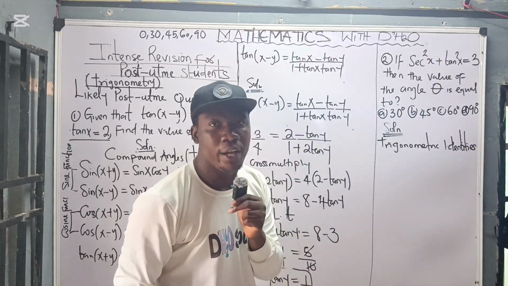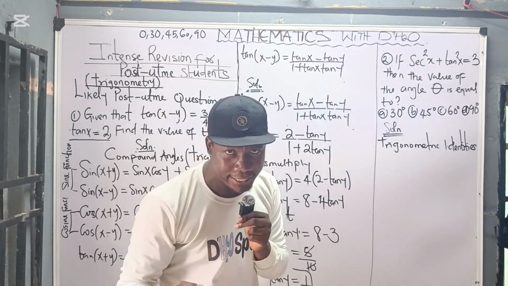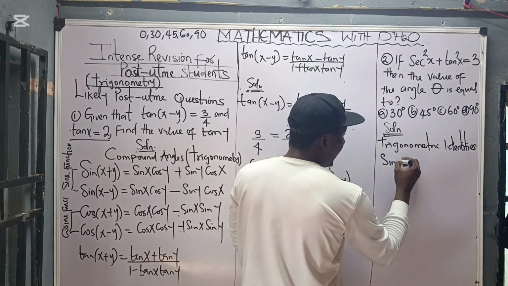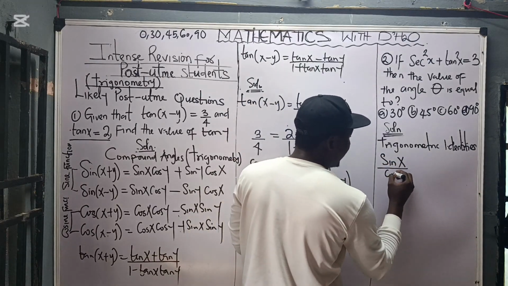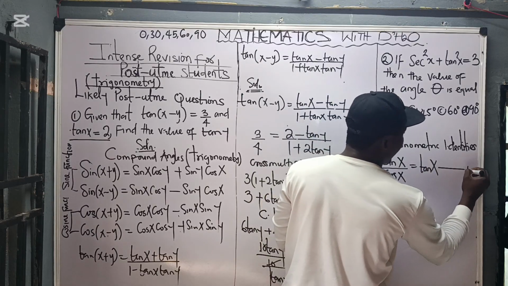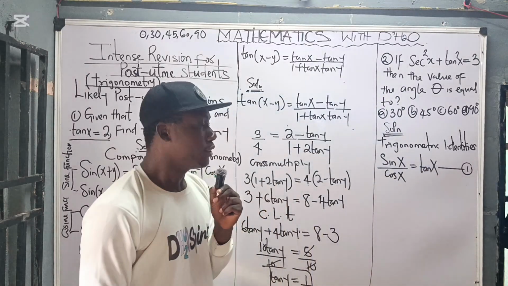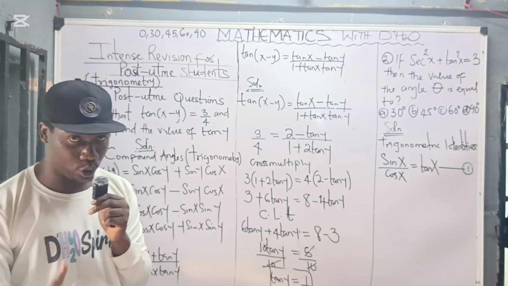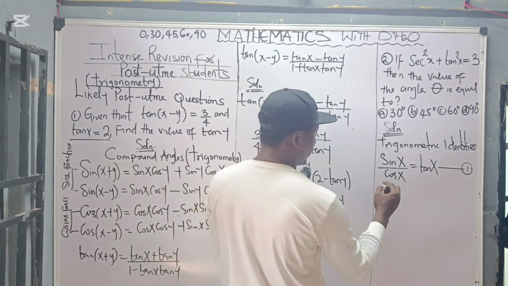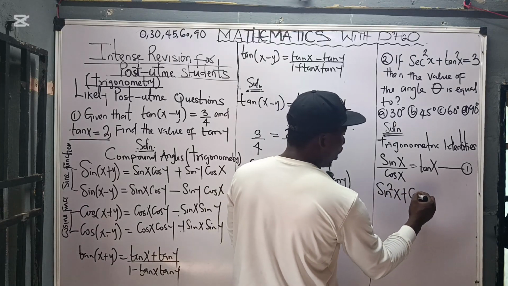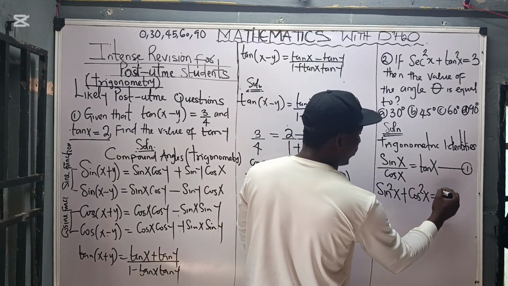First of all, the first trigonometric identity is sine x over cos x is equal to tan x. I beg, carry your book, write them down. Yes. Sine x over cos x is equal to tan x. That's 1. Number 2, sine square x plus cos square x is equal to 1.